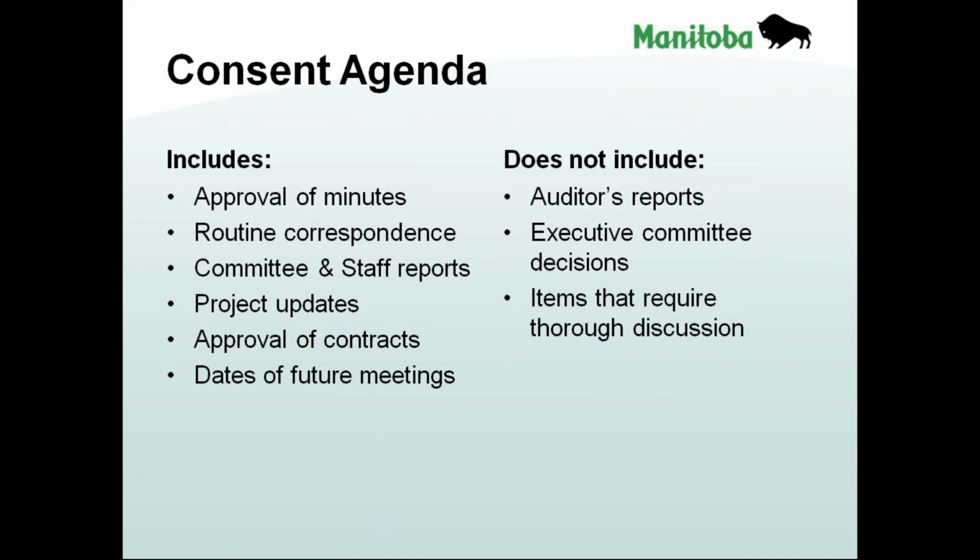Minutes from the previous meeting, routine correspondence requiring no action, committee and staff reports, updates or background reports provided for informational purposes only, appointments requiring board confirmation, approval of contracts that fall within the organization's policy guidelines, final approval of proposals that have been previously thoroughly discussed where the board is comfortable with the implications, or dates of future meetings. These items should be listed in the consent agenda in priority order.